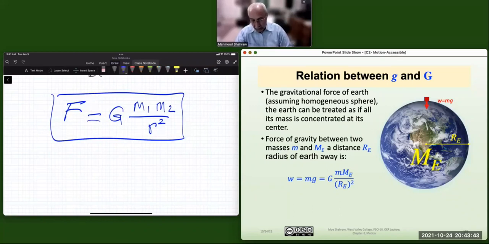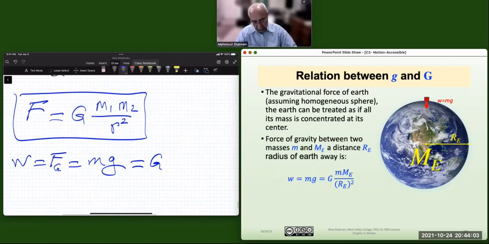And we already said that that's the weight of the object. Weight of the object is equal to the force of gravity, and that's equal to mass times g. And that force is equal to the gravitational force, which is G, times mass times a big mass, which is the mass of the Earth, divided by r squared, which is the radius of Earth.